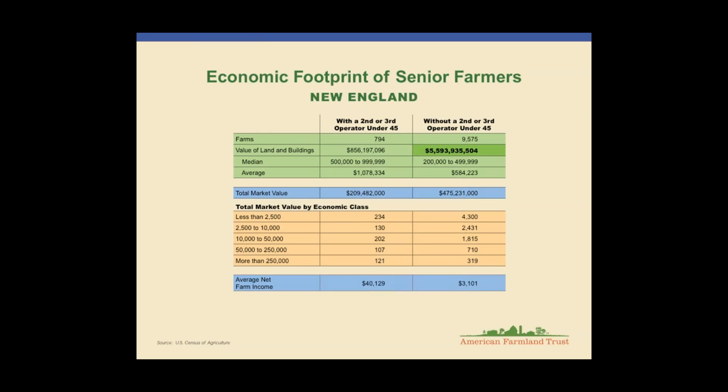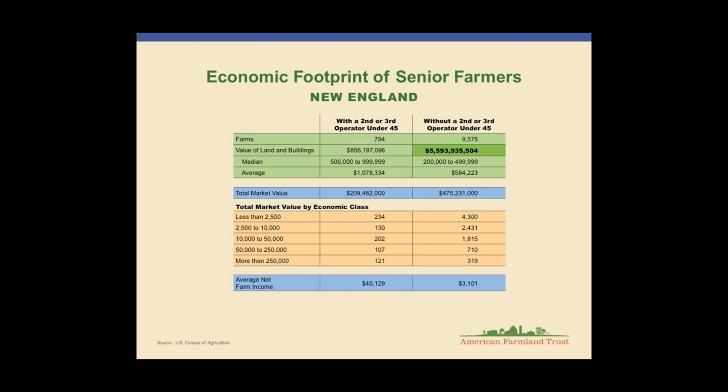So similarly with New England, you see that the value of land and buildings is $5.6 billion. Again, a significant amount of assets that are likely to change hands. And it's even more so that there are quite a number of these seniors at the very bottom rung in terms of how much economic output they are producing.